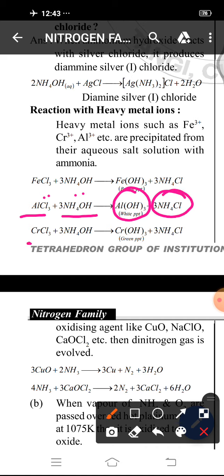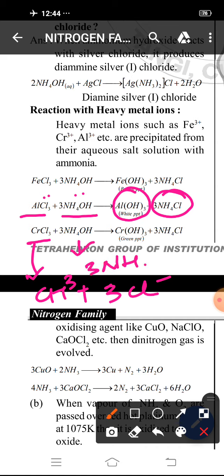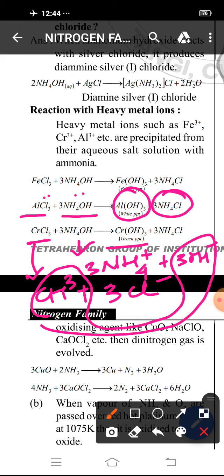Like this, chromium trichloride CrCl3 dissociates to give Cr3 plus and 3Cl minus, and 3NH4OH dissociates to give 3NH4 plus and 3OH minus. Cr3 plus reacts with 3OH minus to form Cr(OH)3, and 3NH4 plus reacts with 3Cl minus to form 3NH4Cl.